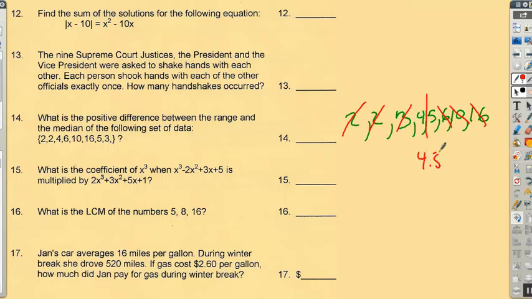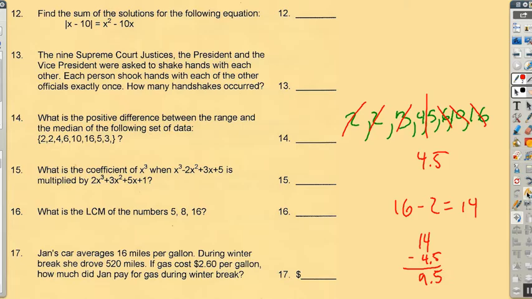That's 4.5. So that's the median. The range is going to be 16 minus 2, which is 14. And what is the difference between these two numbers? 9.5.